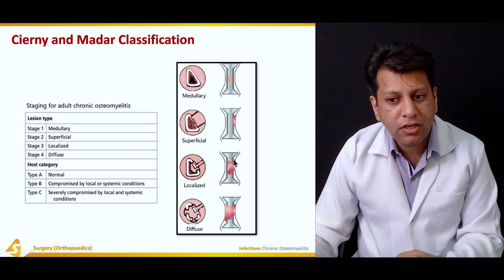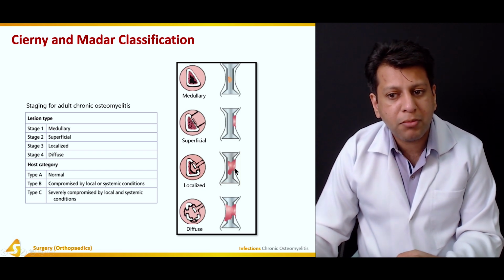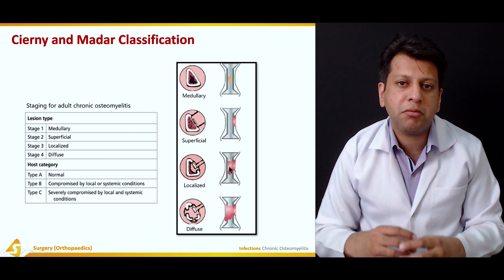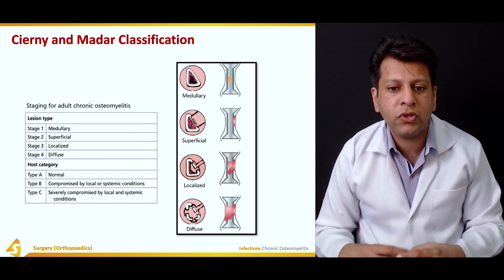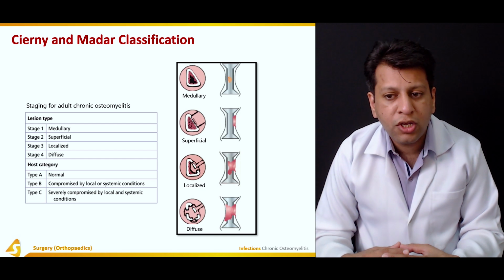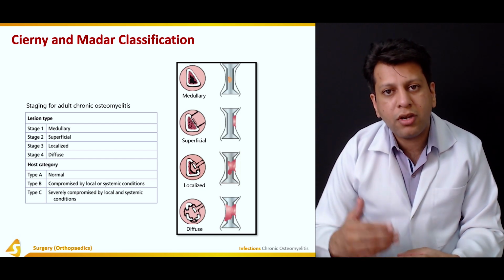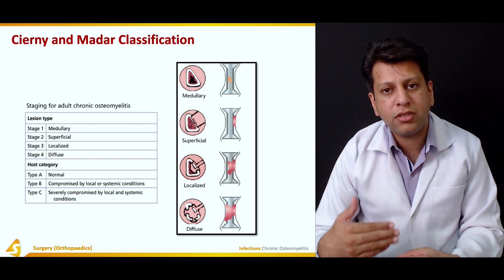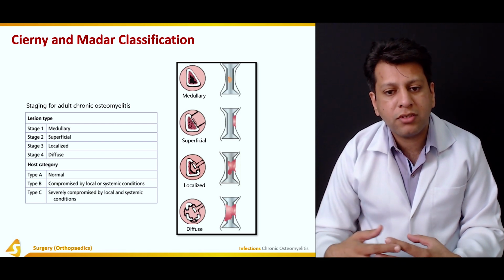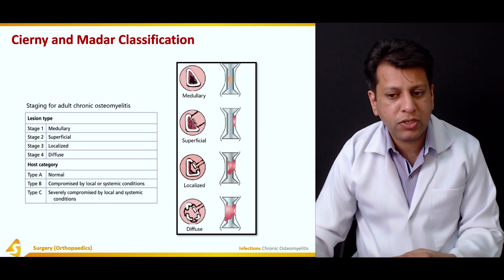Once it actually crosses the periosteum but only involves either one part, for example metaphysis, diaphysis, or epiphysis, then it is called localized. But if it has crossed the periosteum and it has actually spread through and through the diaphysis as well as along the metaphysis or epiphysis, then that becomes a diffuse type of lesion.